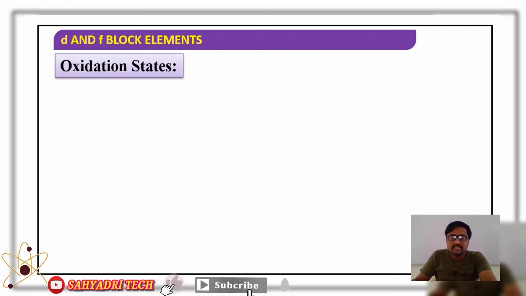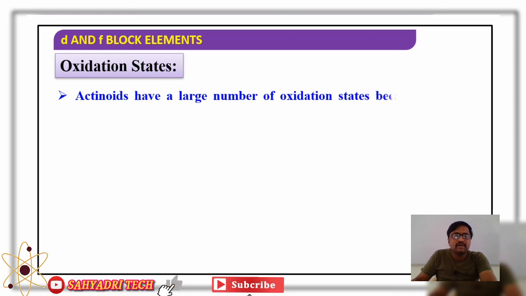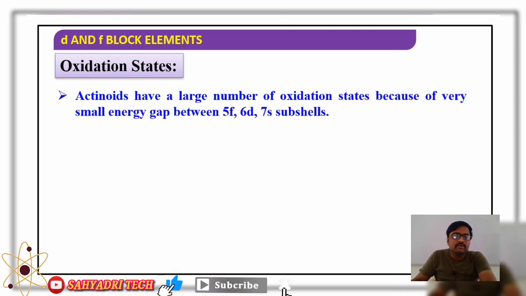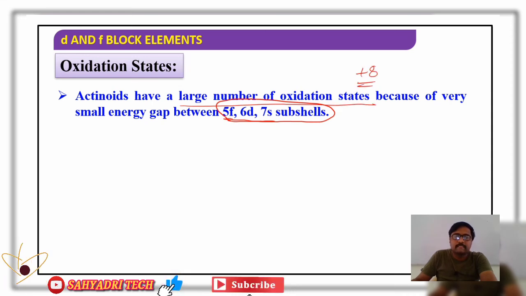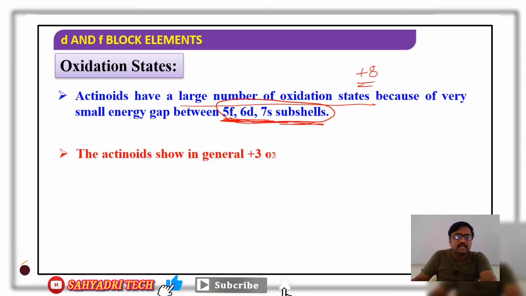Now regarding oxidation states, actinides have a large number of oxidation states, even +8, because of the very small energy gap between the 5f, 6d and 7s subshells, or orbitals. Lanthanides also show variable oxidation states, and actinides also show variable oxidation states.